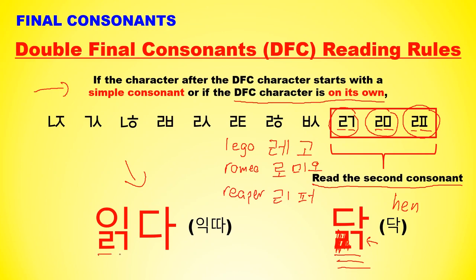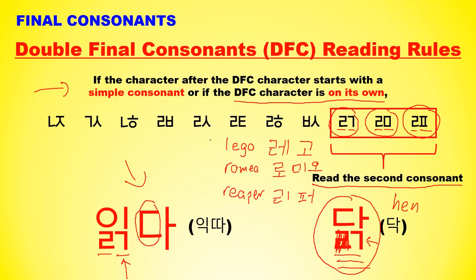If your two consonants turn out to be an acronym of any of the three words that you've just learned, then you will need to read the second character, if the character comes after a simple consonant, or if it's on its own.